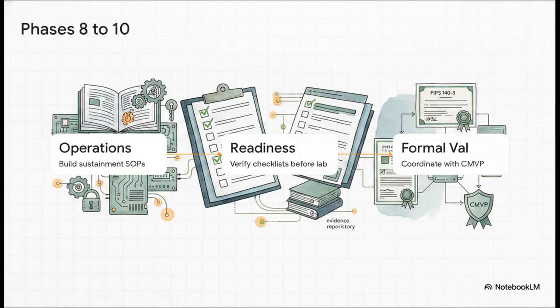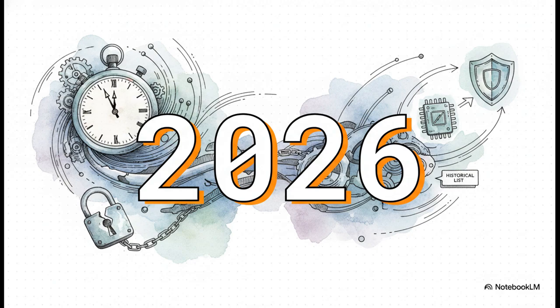Finally, you build sustainment. By implementing robust standard operating procedures like strict key rotation and patch management, and finalizing your evidence repository, you're creating the exact documentation trail that those independent validation laboratories expect well before you even initiate formal coordination in Phase 10.